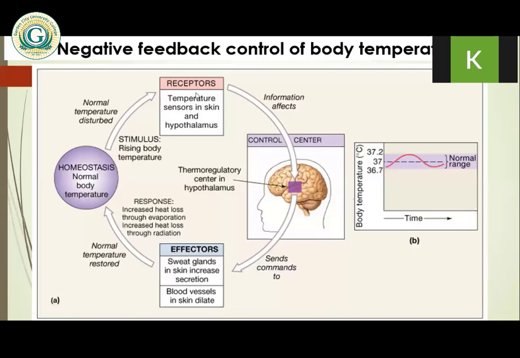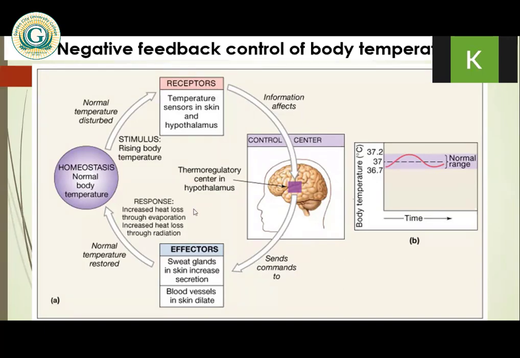Please, so the stimulus here is a rise in body temperature. An individual has an increased body temperature above the normal range, so the normal temperature has been disturbed. The temperature sensors in the skin and the hypothalamus, which are the receptors, will send a signal to the main control center.